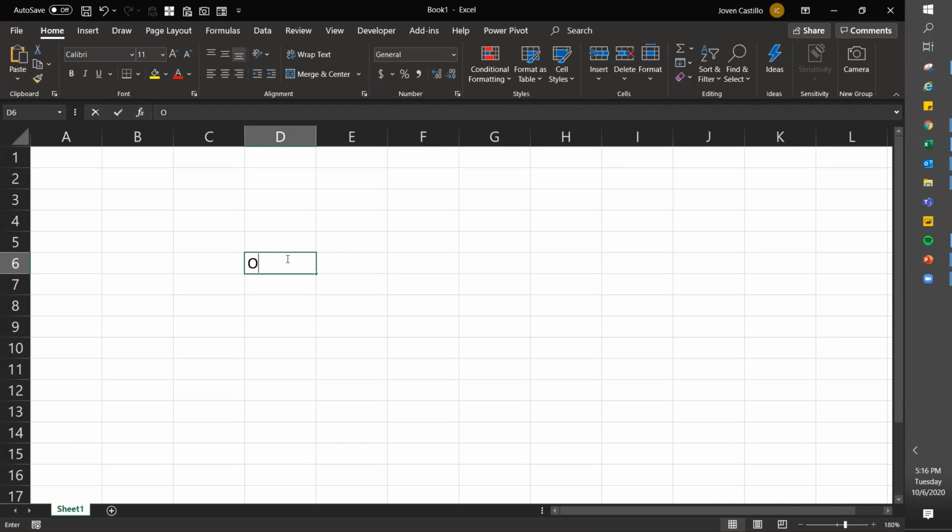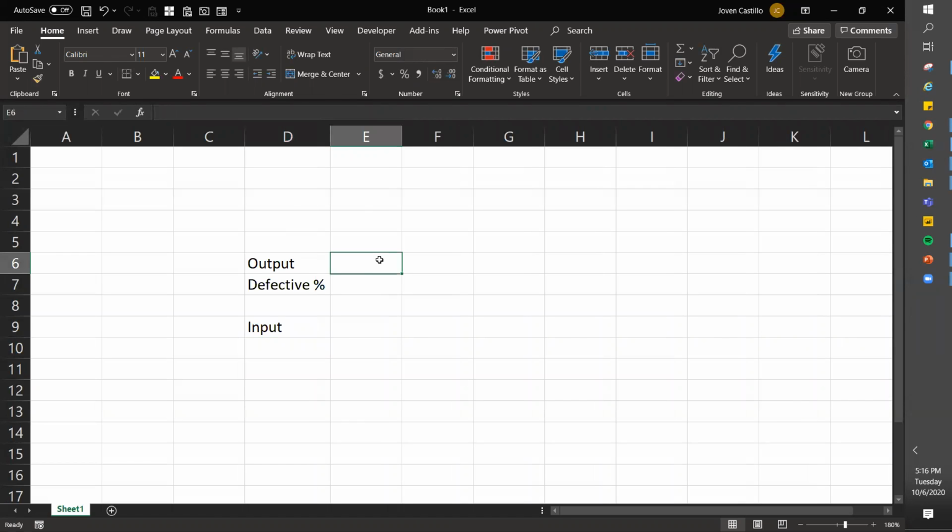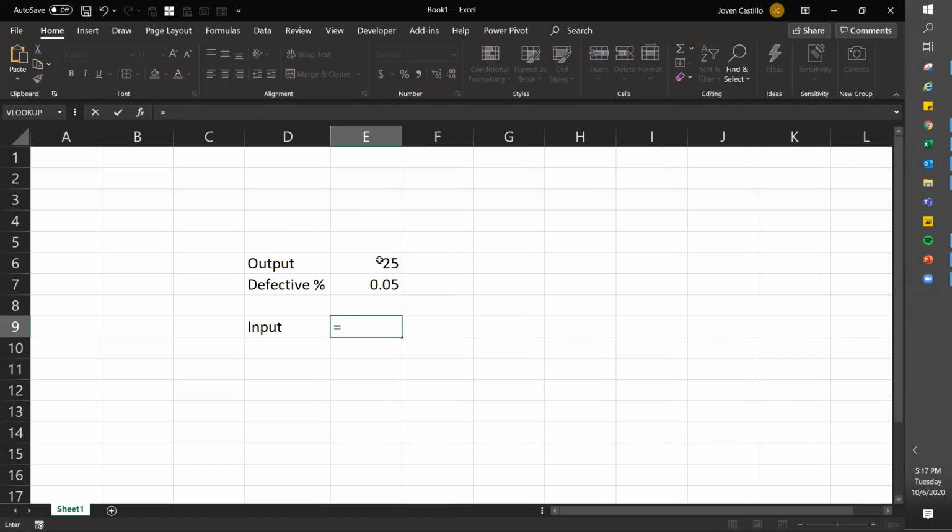Okay. So once again, I have here an output, defective percentage, and then I have here the input. So if my output, kailangan ko ng 25 pieces, then I have a 5% defective rate. So gaano karaming input yung kailangan ko? So 25 pieces divided by 1 minus 0.05.